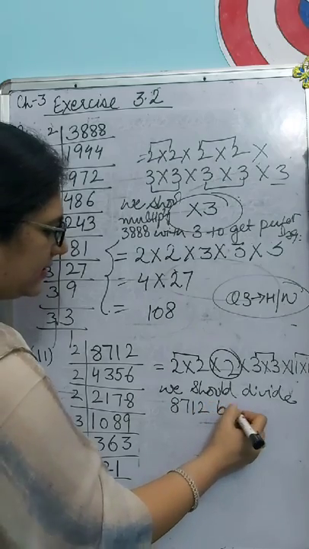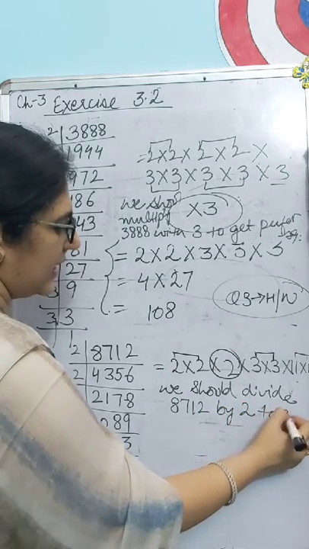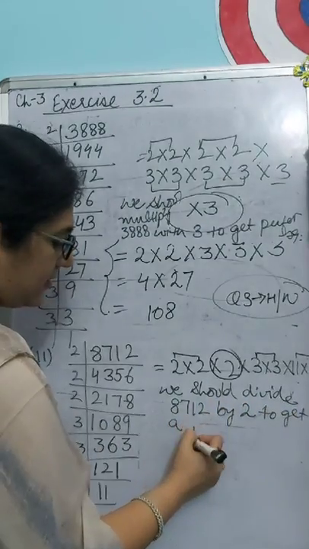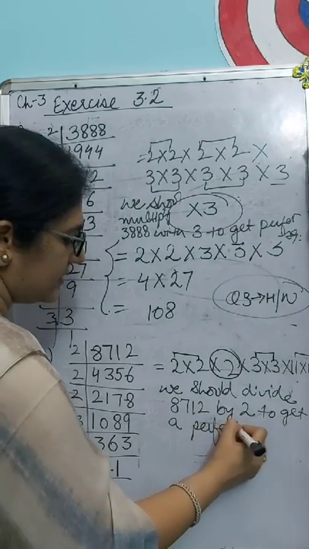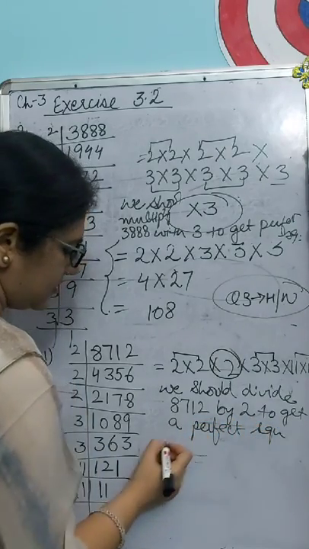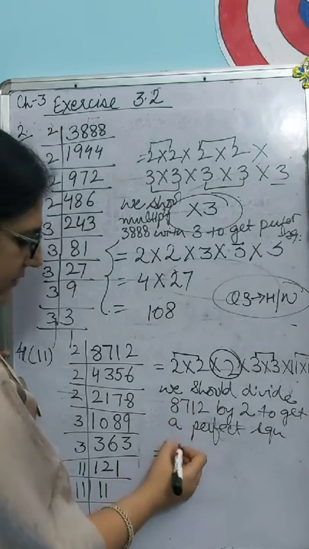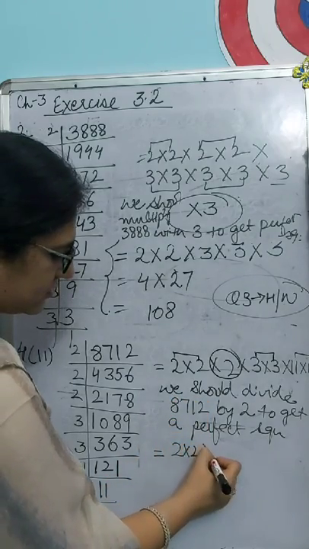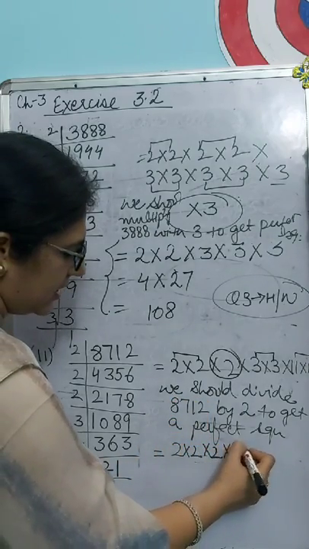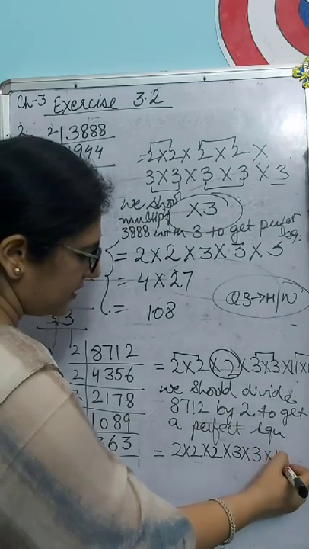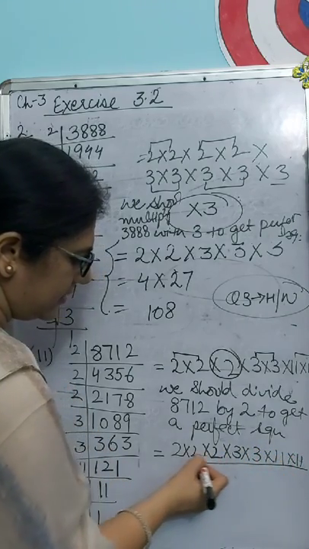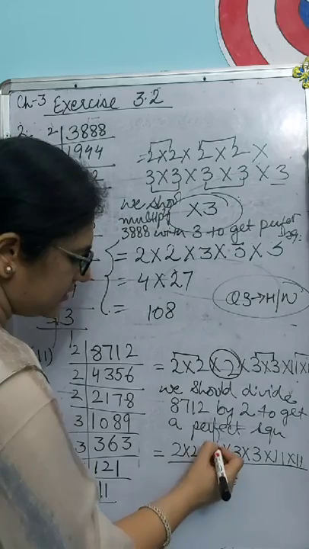We should divide 8712 by 2 to get a perfect square. So when we divide it, 2 into 2, 2 into 3 into 3, 11 into 11 divided by this 2 gets cancelled.